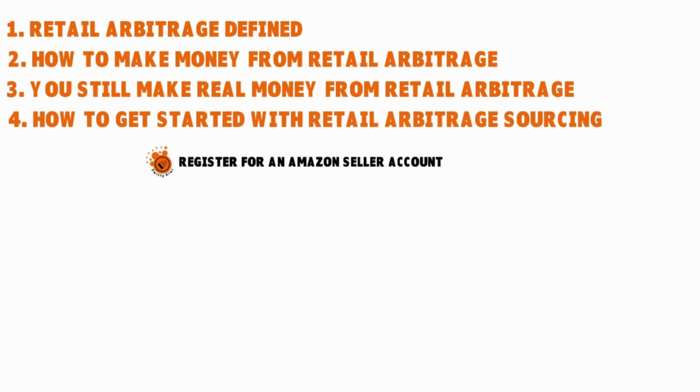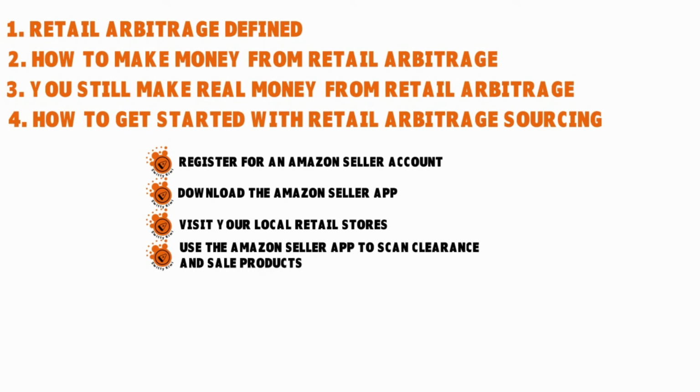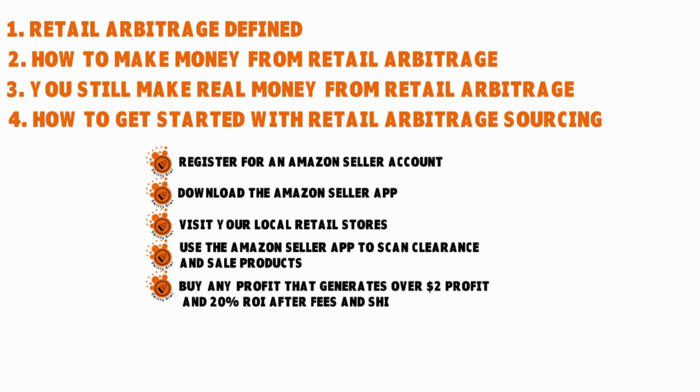I told you to register for an Amazon seller account, download the Amazon seller app, visit your local retail stores, and use the Amazon seller app to scan clearance and sell products. You buy any products that generate over $2 profit and 20% ROI after fees and shipping. This is very important. After fees and shipping. And the last steps here are to list the products that you bought for sale on Amazon. Of course, you have to ship the products also to the Amazon FBA warehouses.